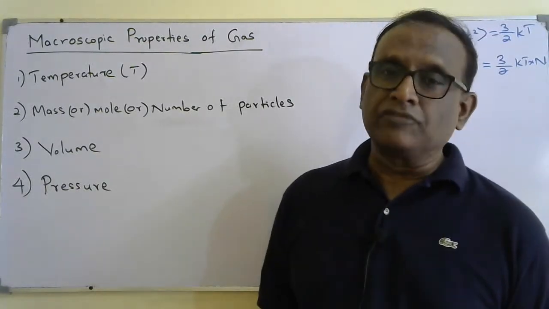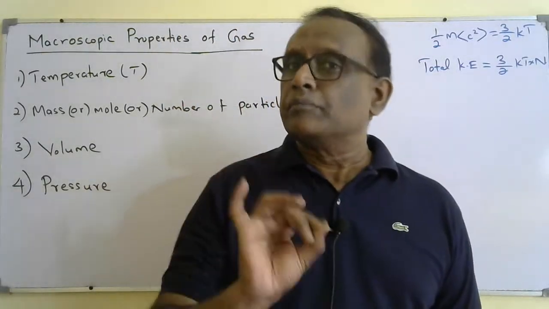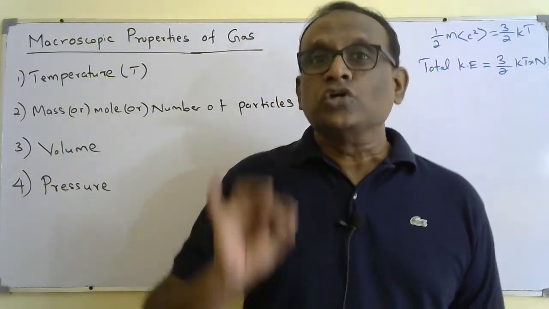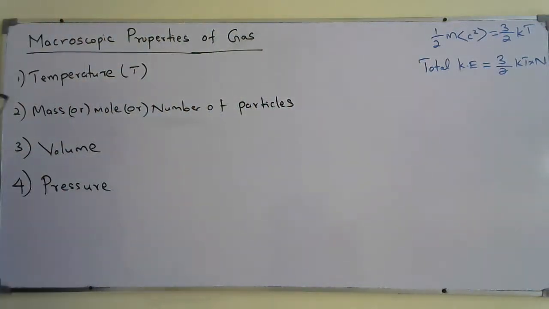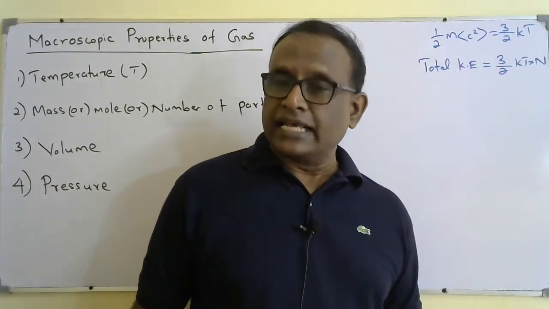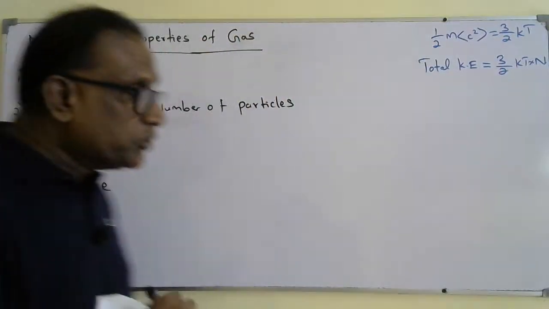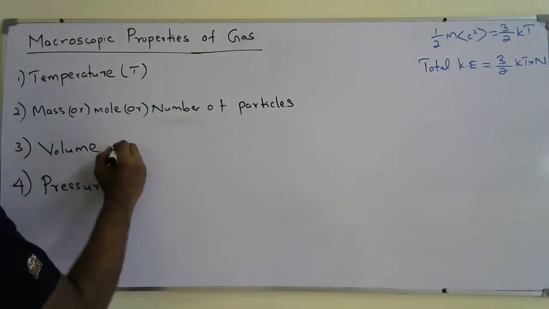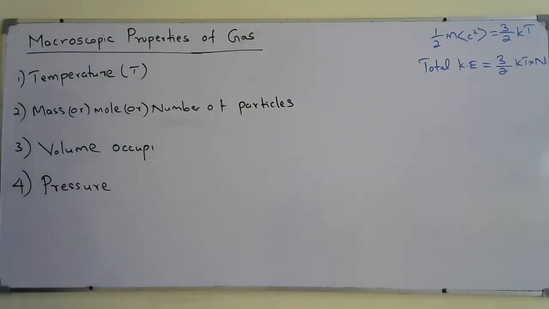Volume of the gas, careful, when we say volume of the gas it is actually not the volume of the molecules, it's the volume occupied by the gas. We should say it like that, but anyway, sometimes students also say, even some books say, volume of the gas. Volume of the gas means, carefully listen, the volume occupied by the gas.